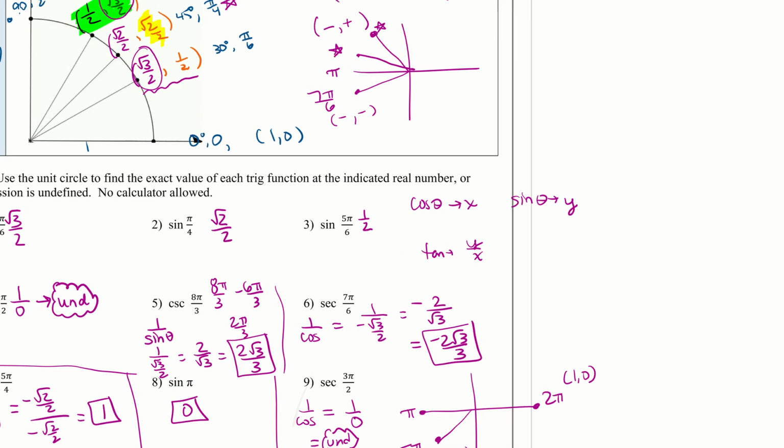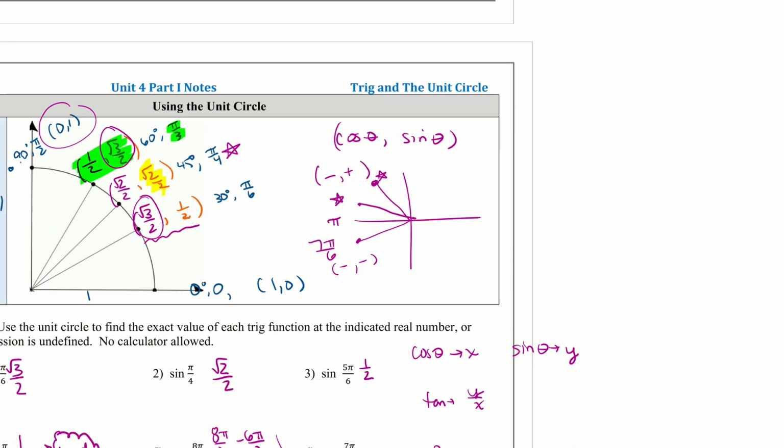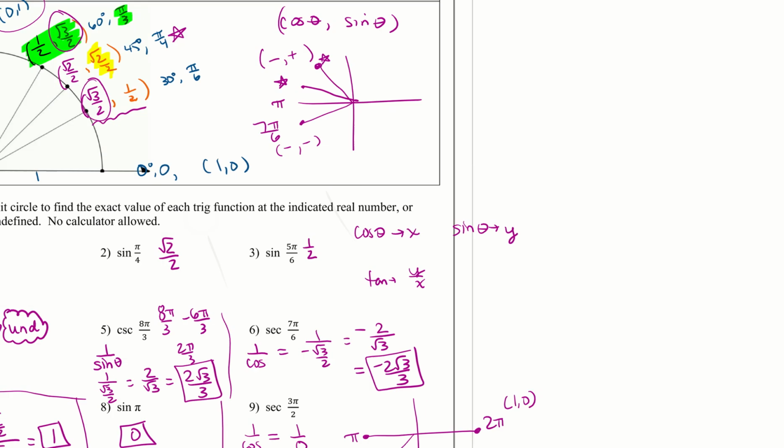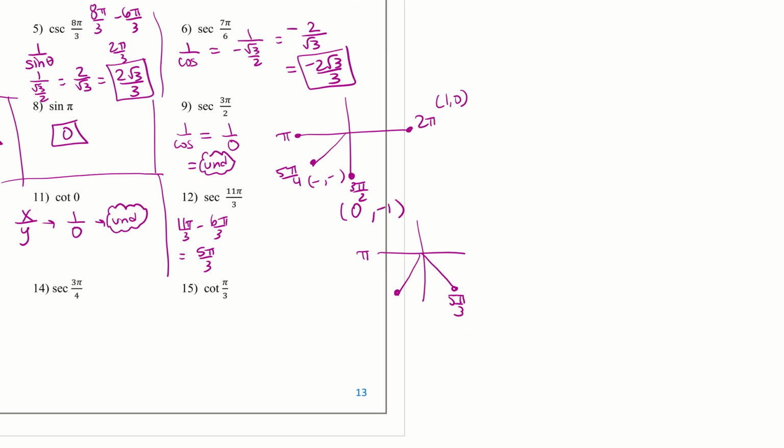Now, all pi over 3 angles are going to be like my green one here, 1/2, root 3 over 2. And in this quadrant, the y values are negative. I want the secant, which is the reciprocal of the cosine. So I would want 1 over 1/2, which is 2 over 1, or just 2.